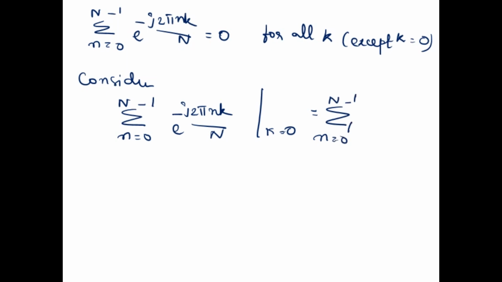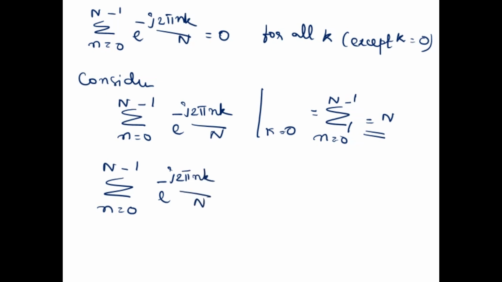We know the formula, which is equal to N. Therefore, summation n is equal to 0 to N minus 1 e power minus j 2 pi nk by N is equal to N when k is equal to 0, 0 when k not equal to 0. Hence, proved.